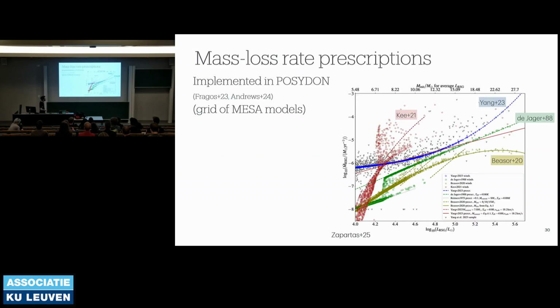We got four different prescriptions: two at the lower regime by Bizor and de Jager, then the higher regime by Yang et al., which also had this kink, and then the Key et al. theoretical prescription. We implemented this in Poseidon, which is a grid of MESA stellar evolution models.